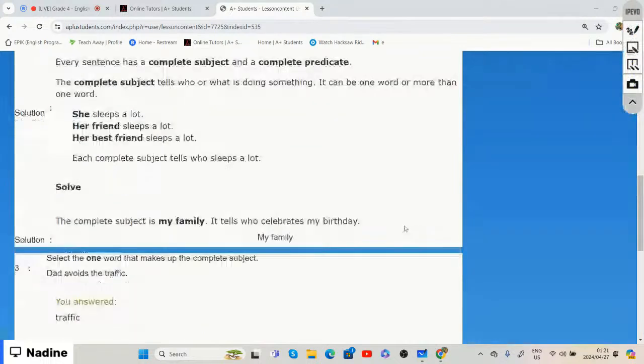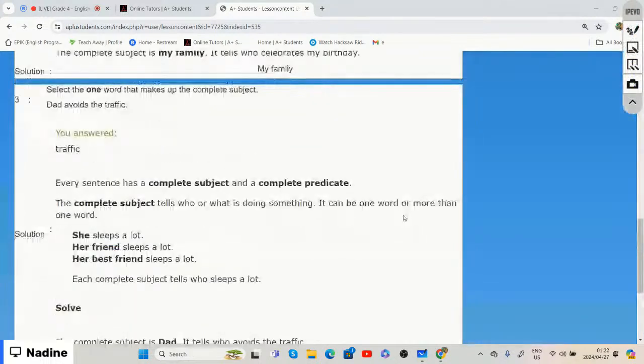All right, we need to select one word that makes up the complete subject. Dad avoids the traffic. We need to select our subject.